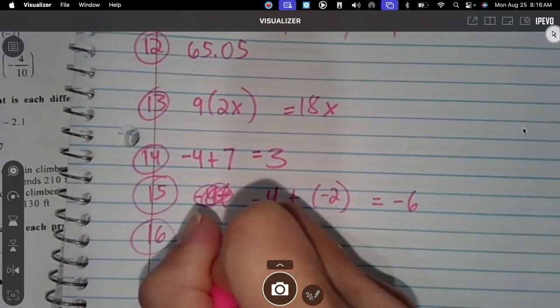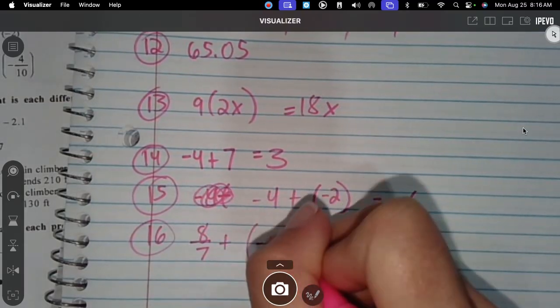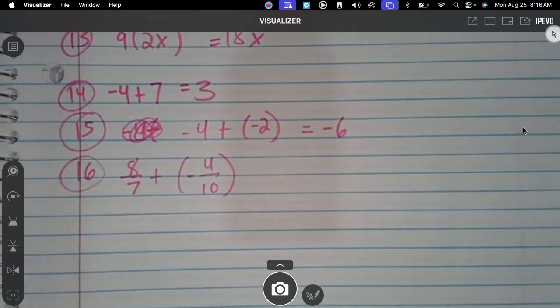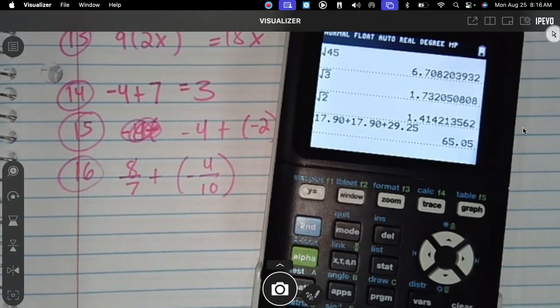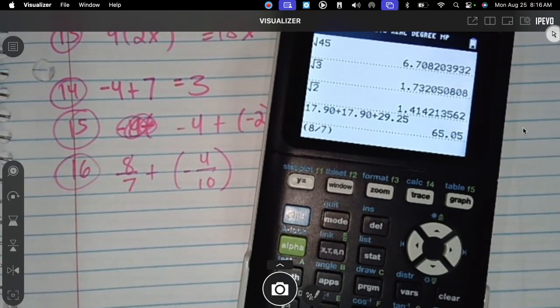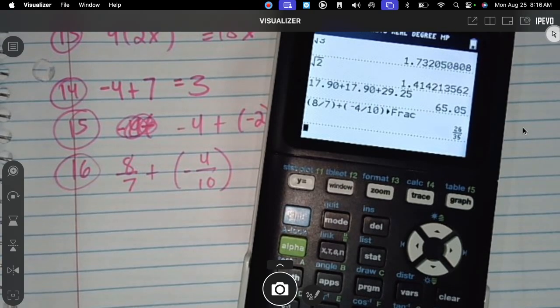16, you have 8/7 plus negative 4/10. All right, so if it were me, I'll just do this one on the calculator. I like to put all of mine in parentheses. There's 8/7 plus negative 4 divided by 10. It would give me a decimal, so I'm going to press math, enter, enter.